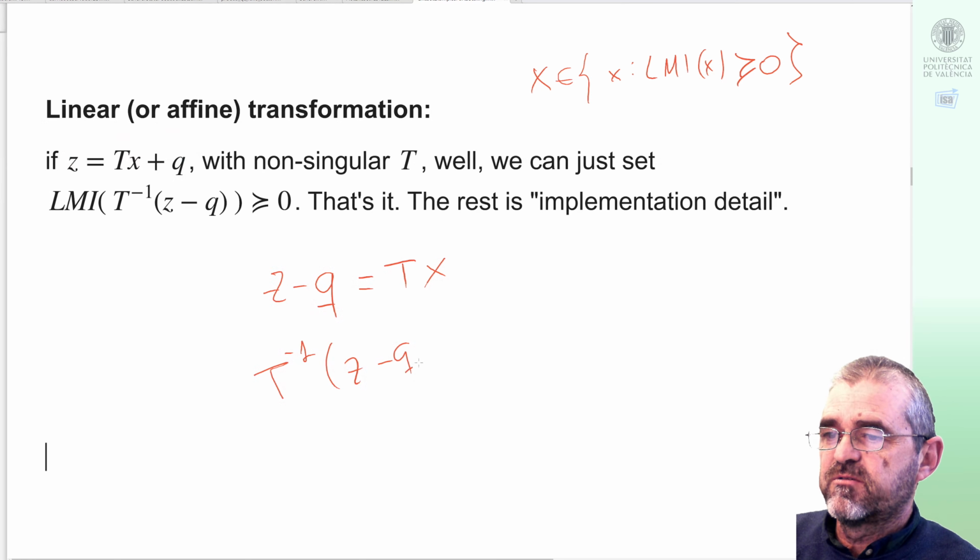So that's it. The rest is implementation detail, nothing theoretically important.